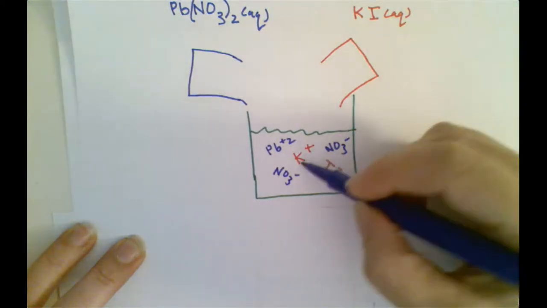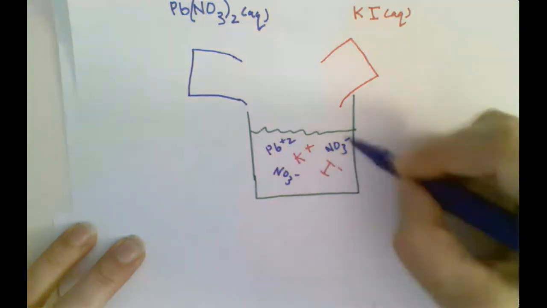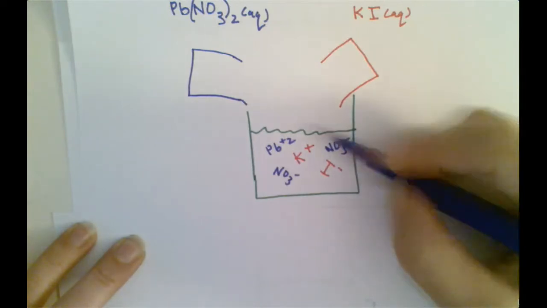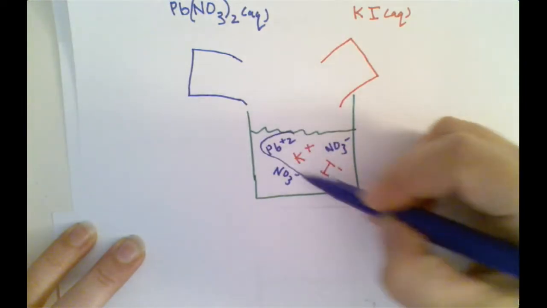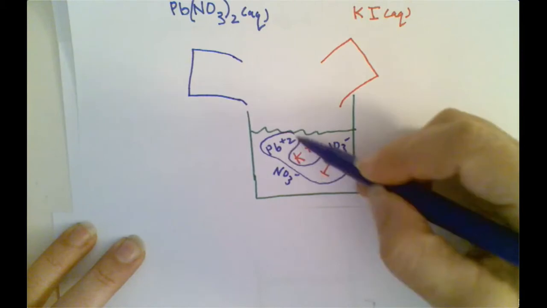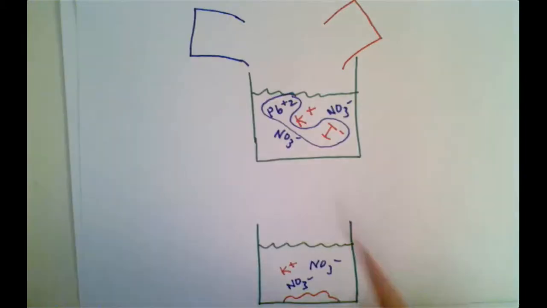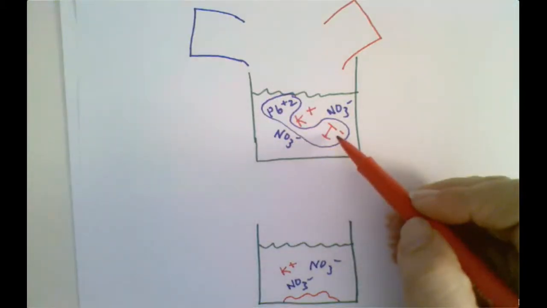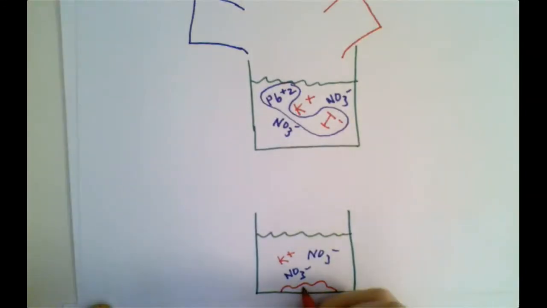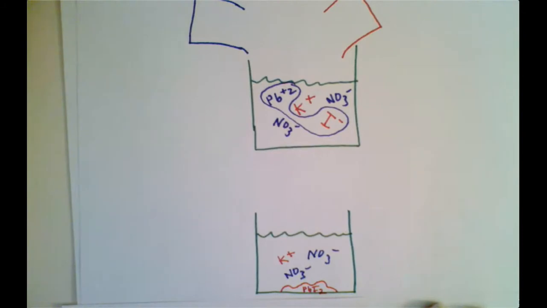So what ends up happening is potassium hooks up with the nitrate in solution, and the lead hooks up with the iodide in solution. Lead 2 iodide forms a solid in solution. And what will happen is it will then start to settle towards the bottom of the beaker. So that's how we get a precipitate, the ions coming together.